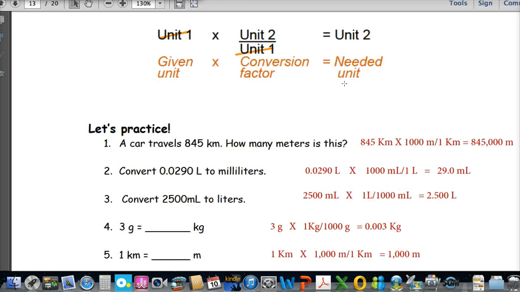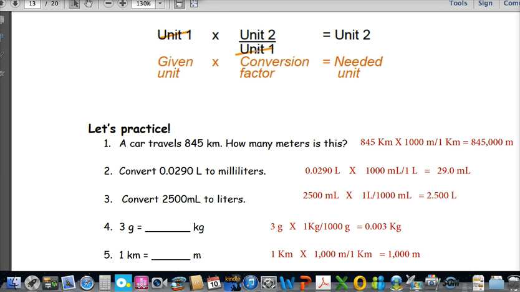If you look at the second one, it's now converting liters to milliliters. So the given unit would be liters. It's 0.0290 liters times, let's look at the conversion factor. We know that the unit that we're looking for is milliliters. So 1 liter is equal to 1,000 milliliters. So this number is basically 0.0290 times 1,000 over 1.